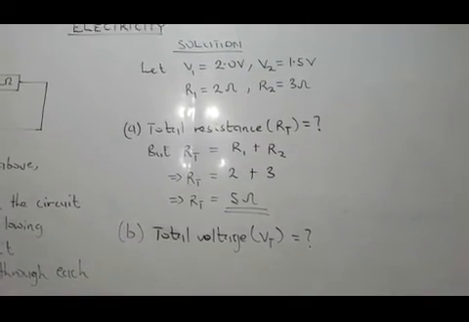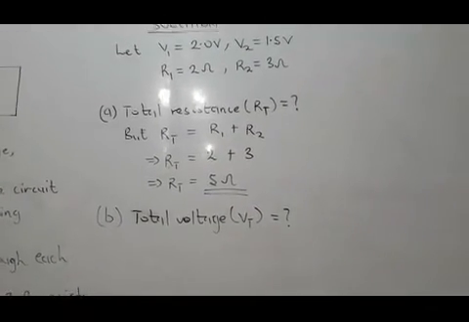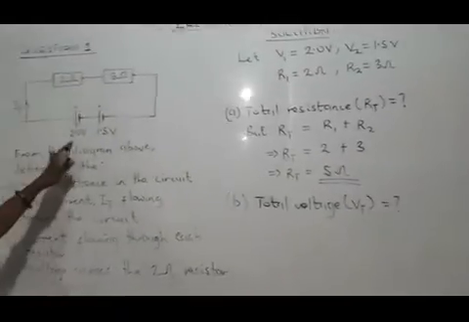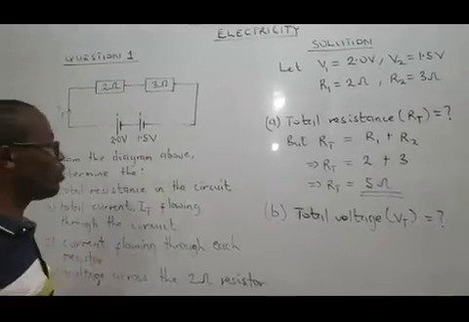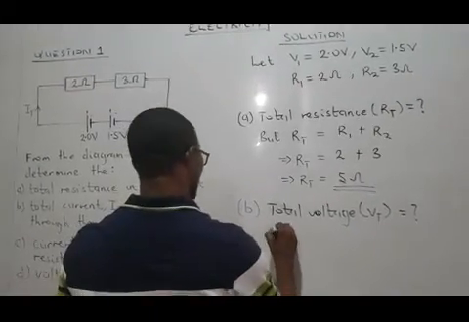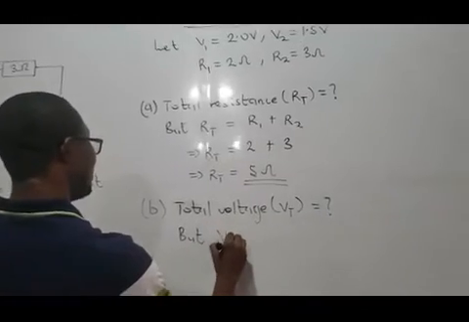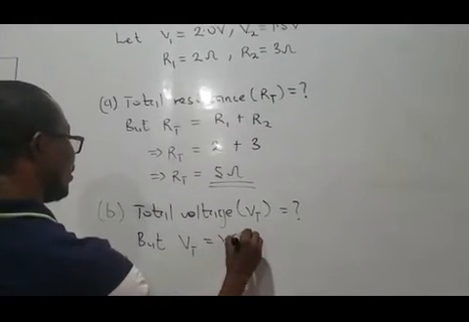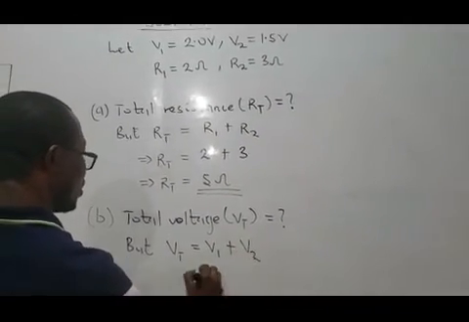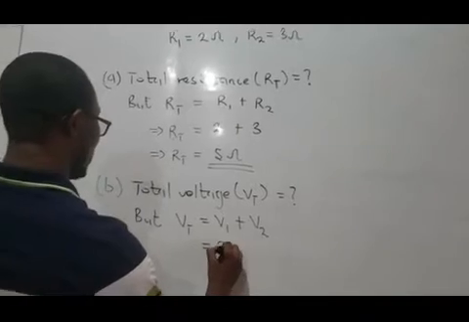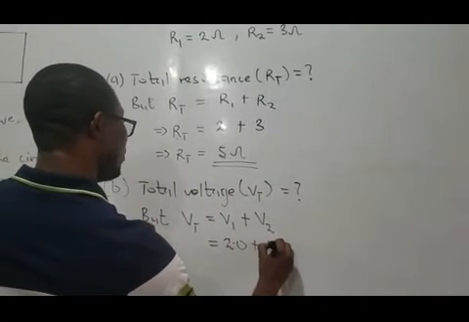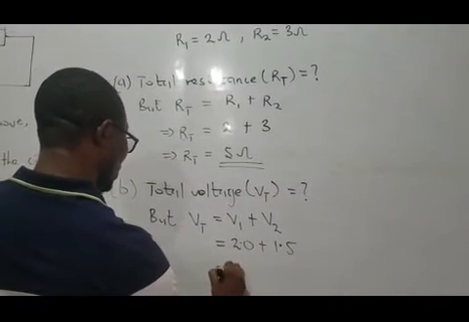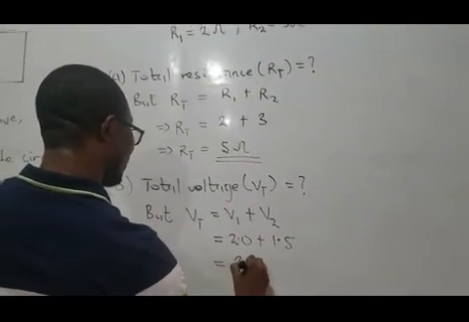But as I said, the cells here are in series, and for series arrangement, the total voltage is the sum of the individual voltages. So the total voltage VT is V1 plus V2. V1 is 2.0 volts, V2 is 1.5 volts. You add that, that will give you 3.5.